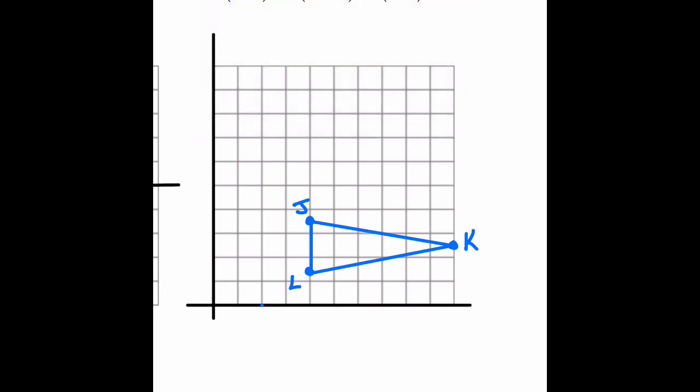All right, I have to find the midpoint of JL because that's pretty easy. JL is 1, 2, 3, 4 units long. So I can cut it in half at that midpoint right there and connect that midpoint to the opposite vertex to create my first median. Then I can find the midpoint of JK.